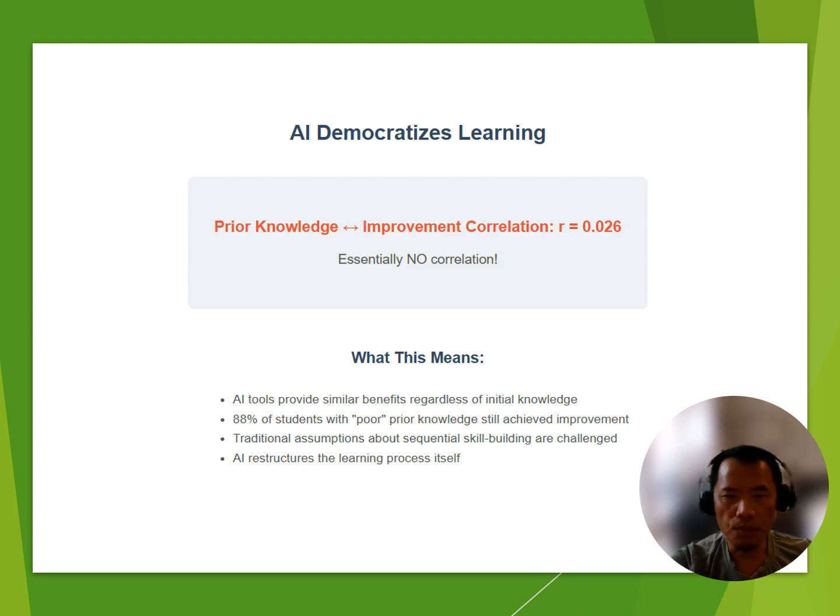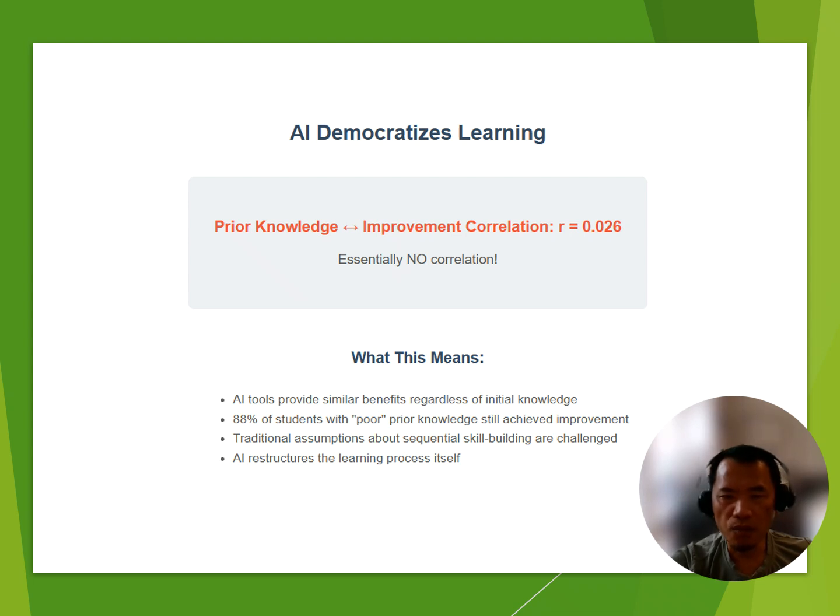Students with poor initial preparation achieved meaningful improvements at rates equivalent to those with strong foundations. Remarkably, 88% of students with poor prior knowledge succeeded with AI assistance.